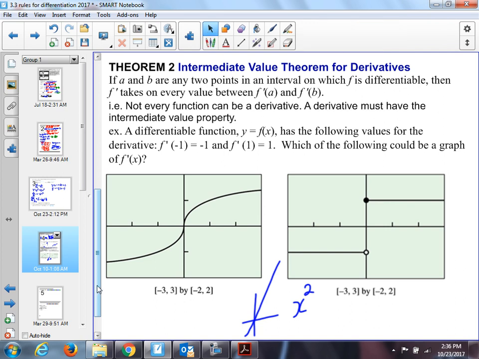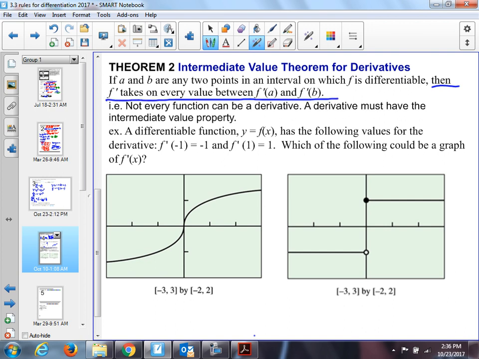Now, knowing that by the intermediate value theorem, this is what we're saying. A derivative must have this intermediate value property, meaning for a derivative to be differentiable, it's got to be continuous and differentiable at every spot. Then the derivative takes on every value in between.